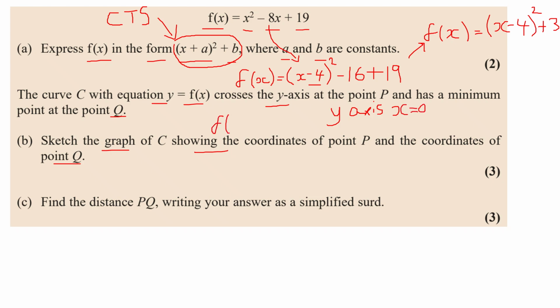So it'll be 0 squared minus 8 times 0 plus 19, which is 19. So it crosses the y-axis at 0, 19.